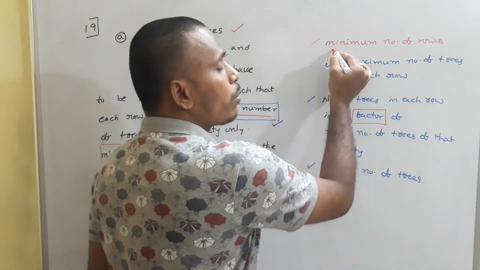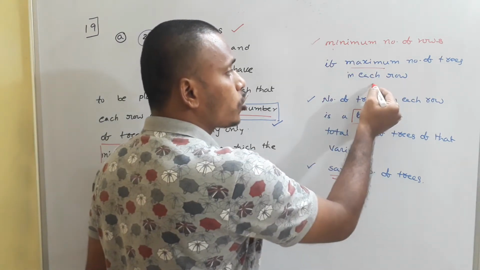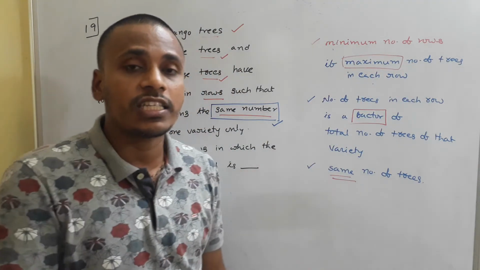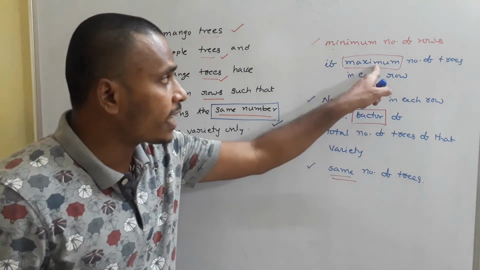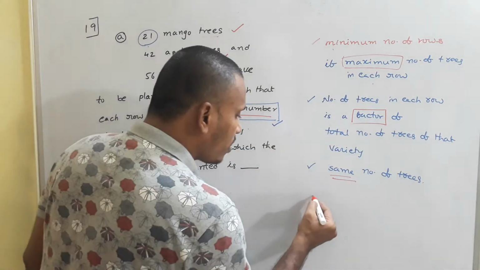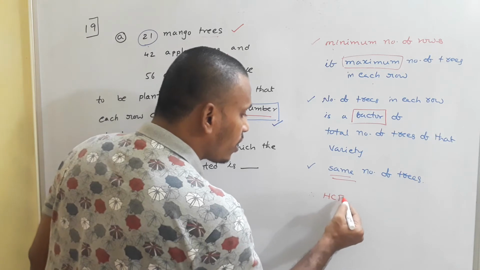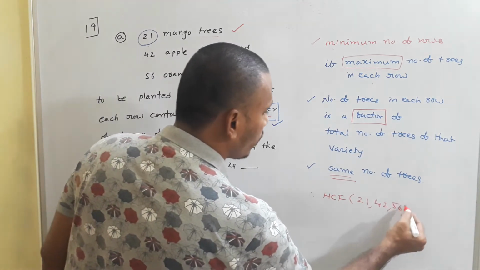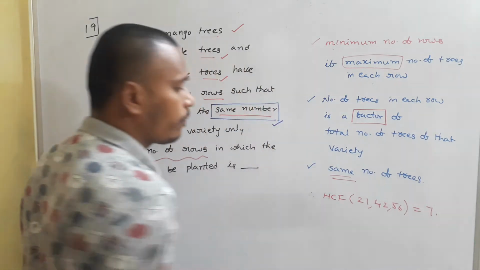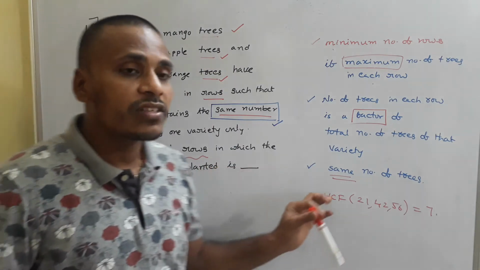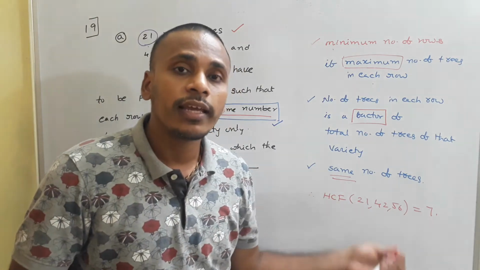Since we are searching for the minimum number of rows and the maximum number of trees in each row, this maximum is conveying finding the greatest common factor. So this maximum, this factor, this same, these three together suggest we find the HCF of 21, 42, 56, which is 7. If you calculate, the HCF is 7. So you need to plant 7 trees in each row.